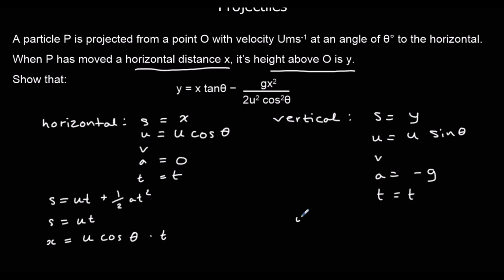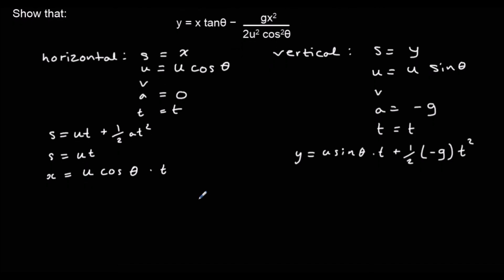So it's going to be y equals u sine theta times t, plus a half times negative g t squared. Okay, we're going to rearrange the horizontal part to make it t equals, so we divide both sides by u cos theta. So t equals x over u cos theta.